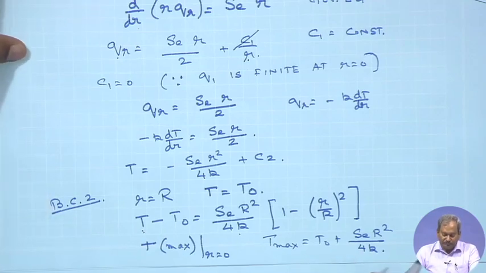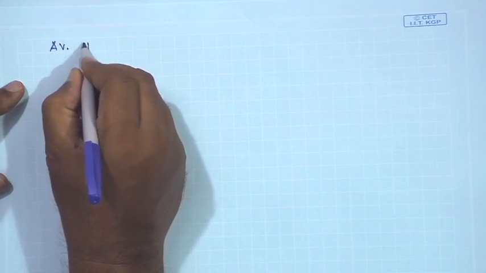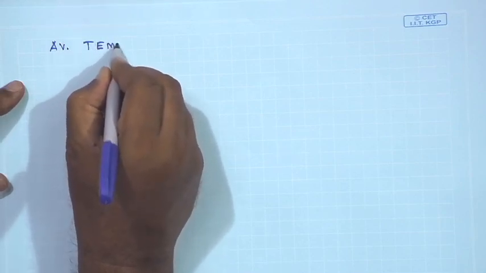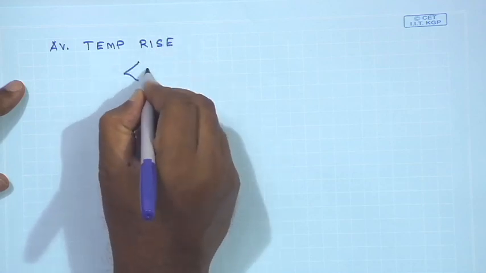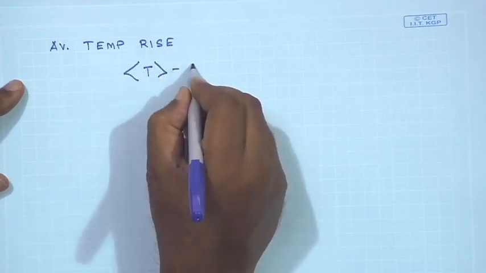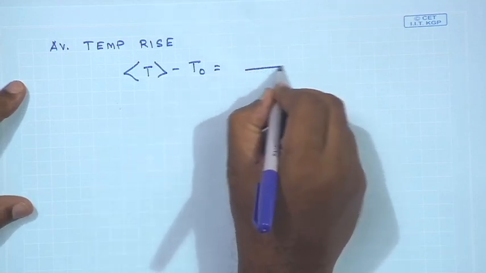So, this would be the maximum temperature rise of the wire. And additionally, if you are interested not only in the temperature at every point, but in some sort of an average temperature rise, and all these averages are mostly area averages.